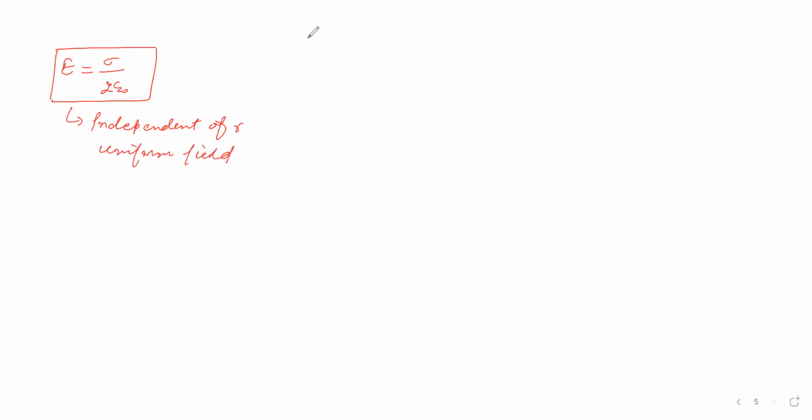If the field is uniform, what will be the diagram between E and R? As we can see here, the electric field is not depending upon R, so we can draw a parallel line.